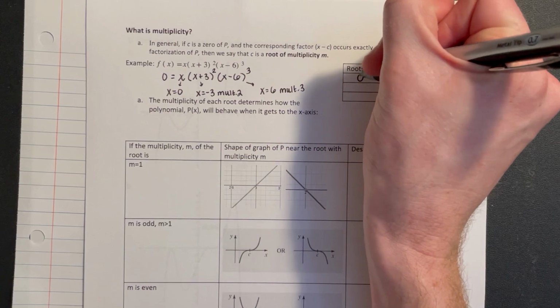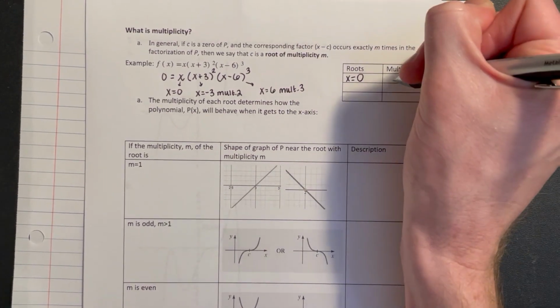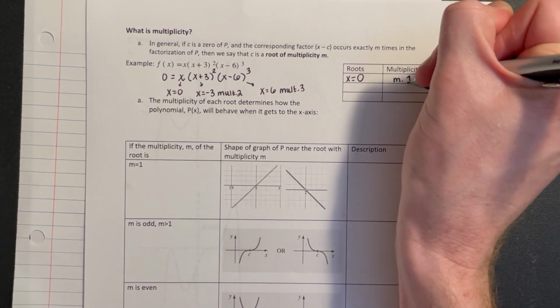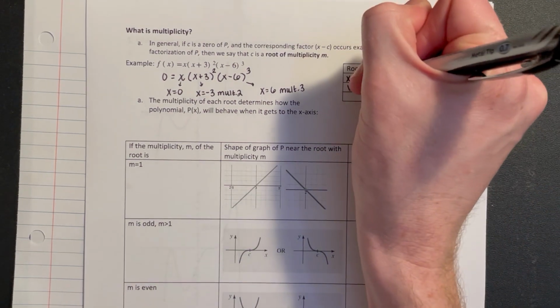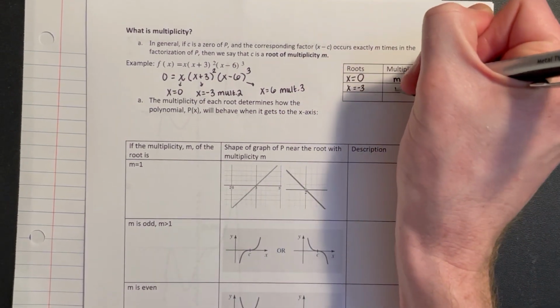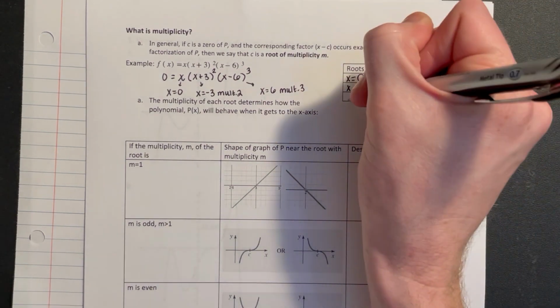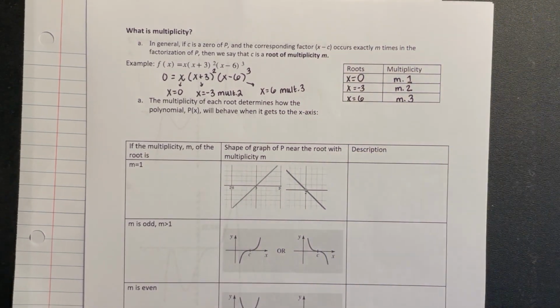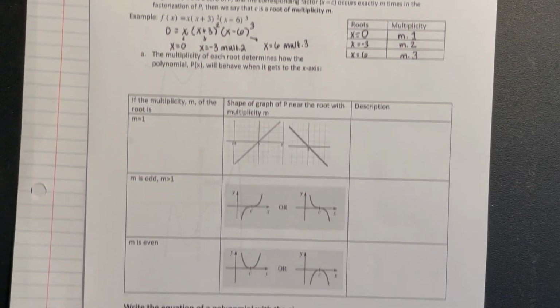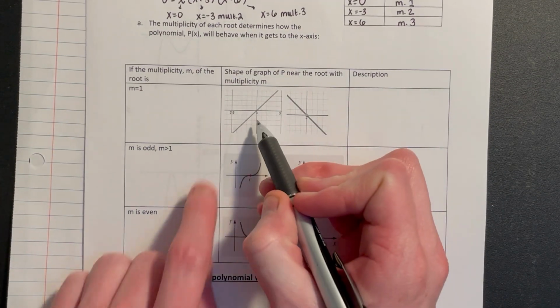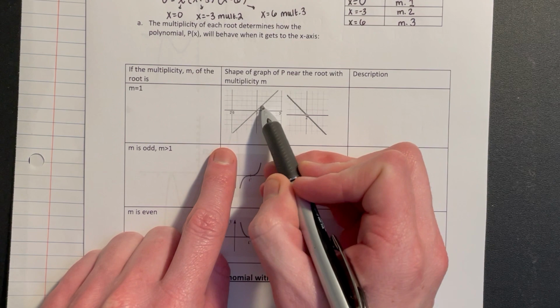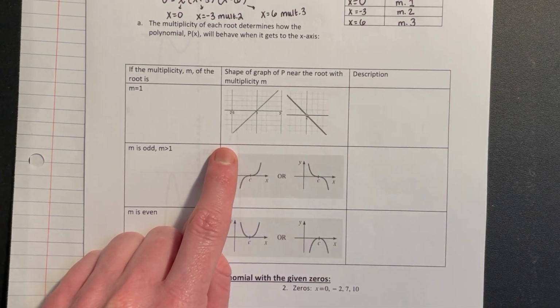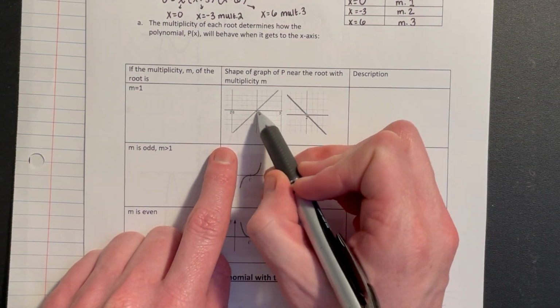So as far as the roots go, we had one at 0, and it was multiplicity of 1. We have one at -3, and it was multiplicity of 2. And one at 6, which was multiplicity of 3. Each of those multiplicities does a different thing to the graph. Now, if it was a multiplicity of 1, we're going to see it go straight through the root at that specific x-intercept.